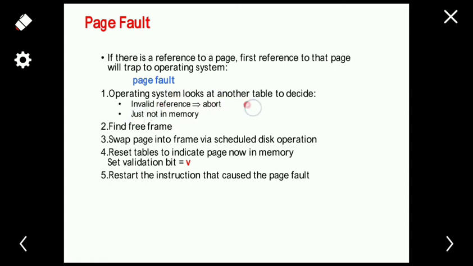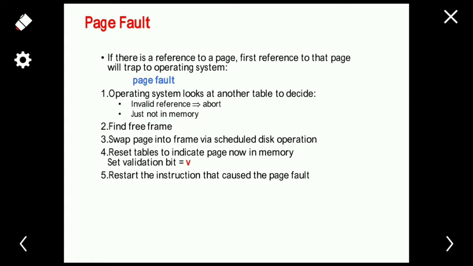Okay, so here is the process of how to handle the page fault. If there is a reference and the particular page is not available in the main memory, then a trap is sent to the OS and the page fault will occur.